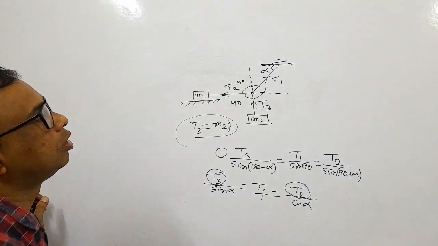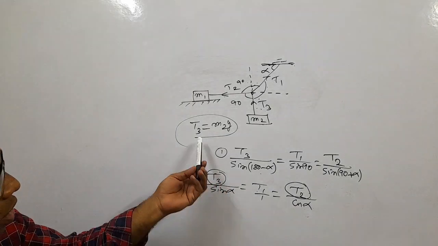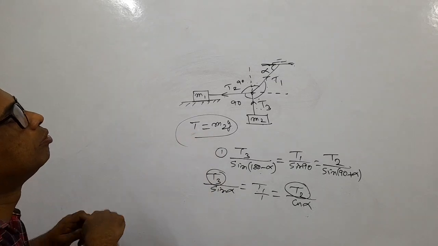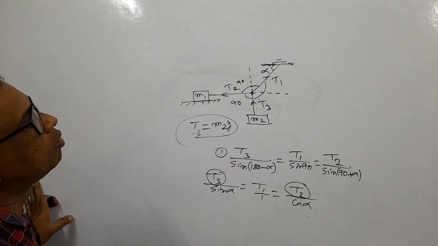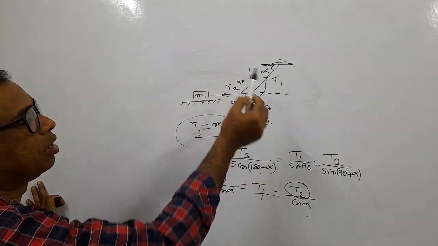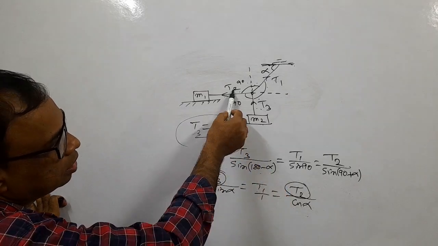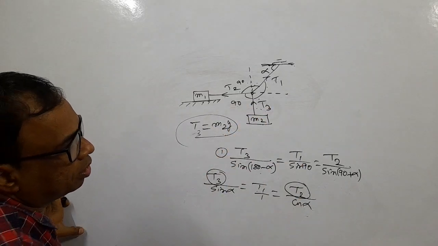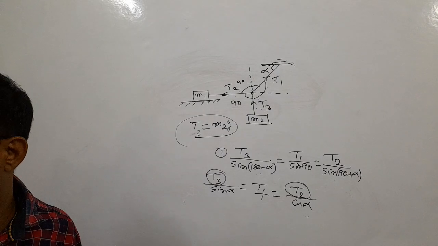T2 by sine of 90 plus alpha, so T3 equals M2g. So T3 by sine of 180 minus alpha equals T1 by sine 90 equals T2 by sine of 90 plus alpha. Clear? That's the concept of Lami's law.